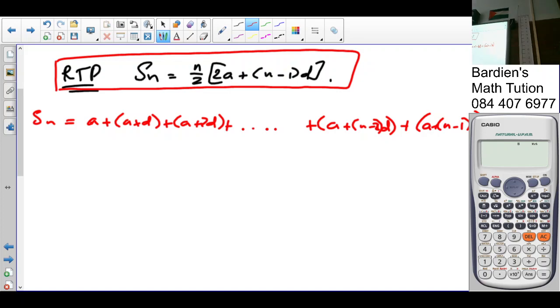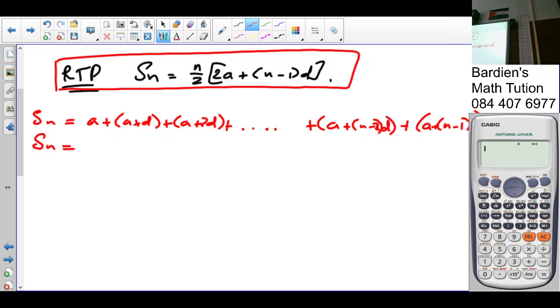Remember, this last term is your nth term, Tn. So what happens is we take this whole sequence and we flip it around, so the last term is first and the first term is last. It would still remain Sn.